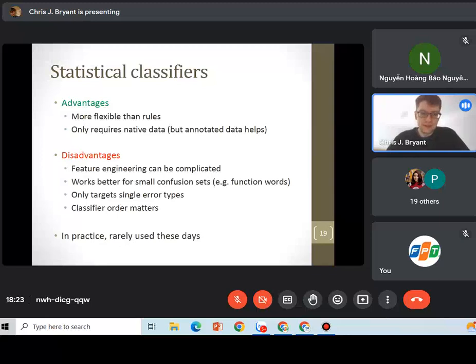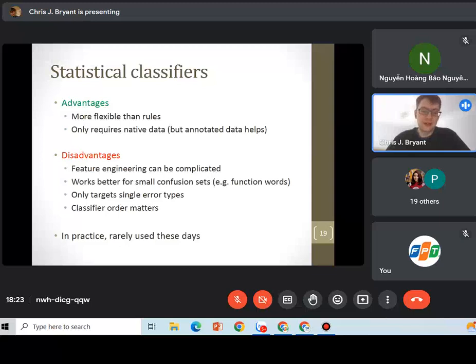A disadvantage of statistical classifiers is that the feature engineering can also be complicated. So although it's more flexible than rules, you also need to think of what features or what aspects are relevant to each type of error you want to correct. They also typically work better for small confusion sets. So most work has applied confusion sets only to determiners, prepositions, and word forms, not content words.